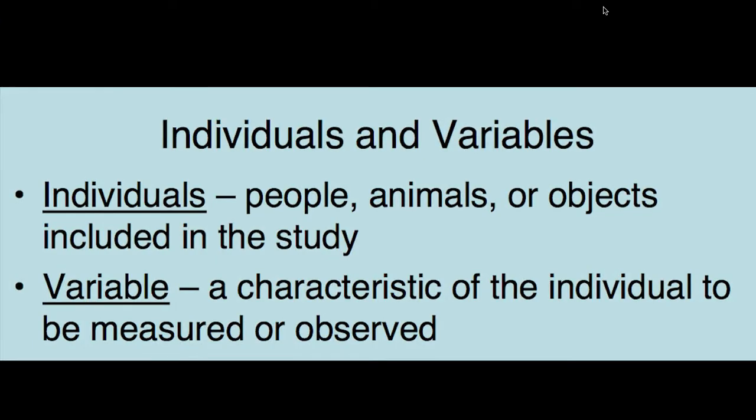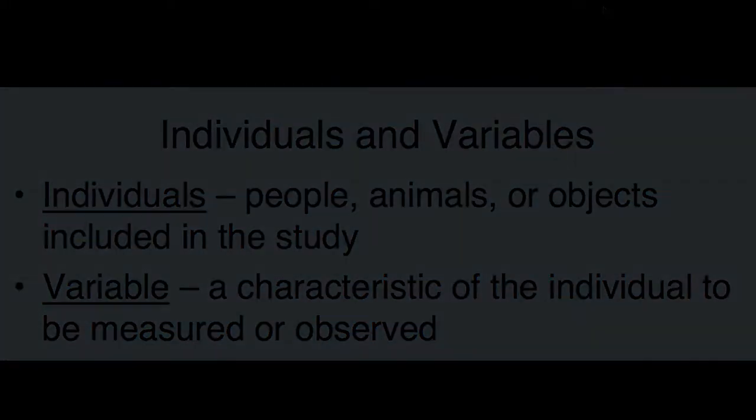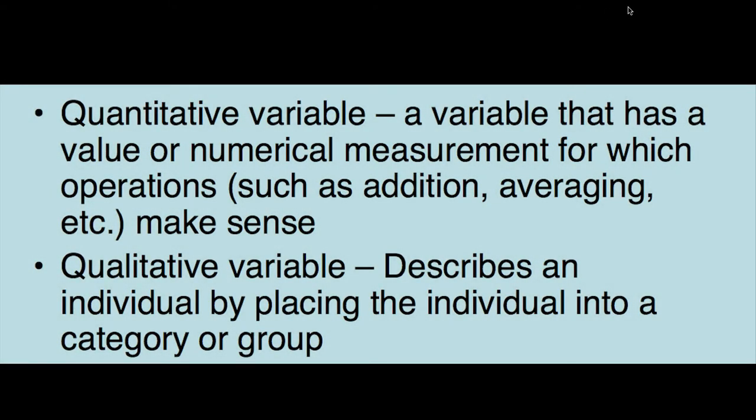In statistics, you're going to deal with individuals and variables. Individuals are people, animals, or objects that are included in the study. A variable will be a characteristic of that individual, again, whether it's a person or an animal or an object, that will be measured or observed. Within the definition of variable, you're going to have either quantitative or qualitative variables.